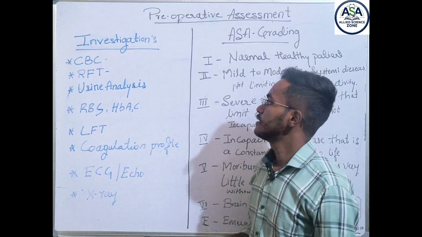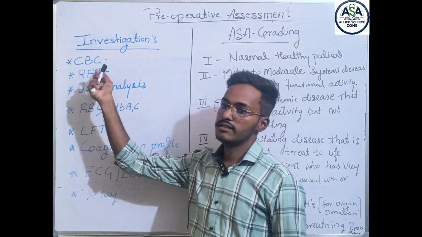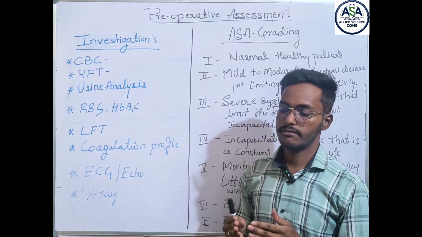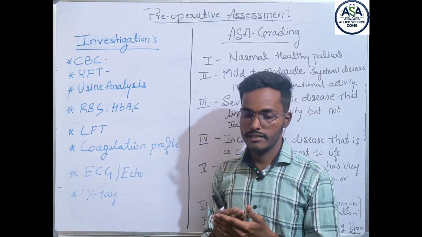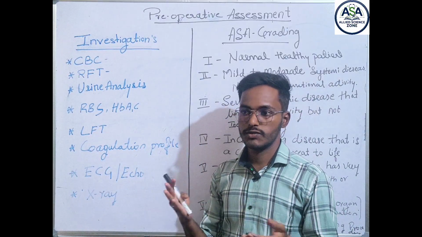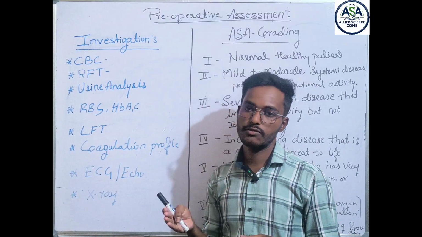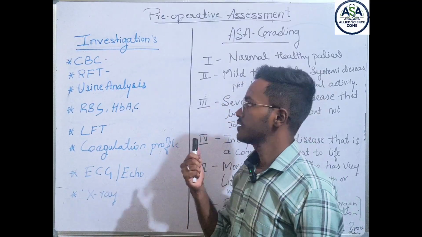In the CBC, the complete hemogram means hemoglobin, platelet count, WBC count, and RBC count. All these come under the CBC.